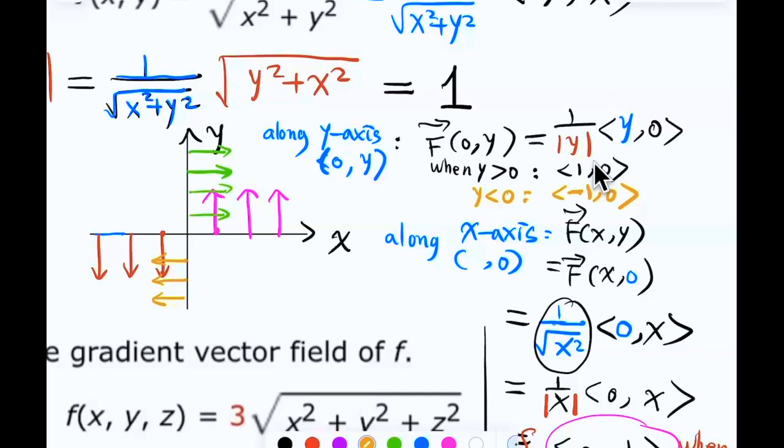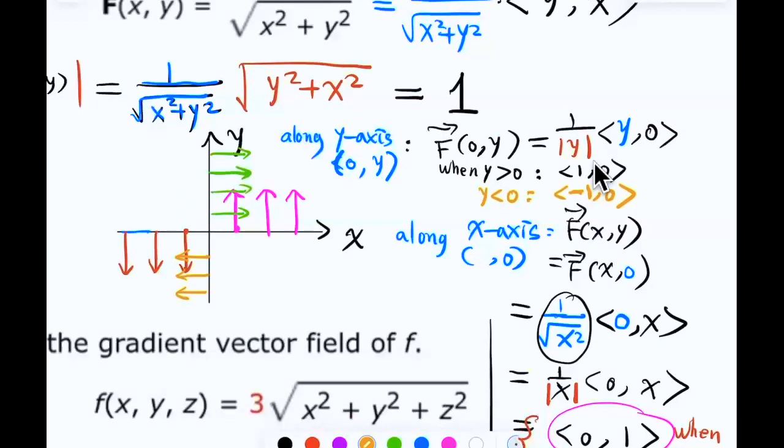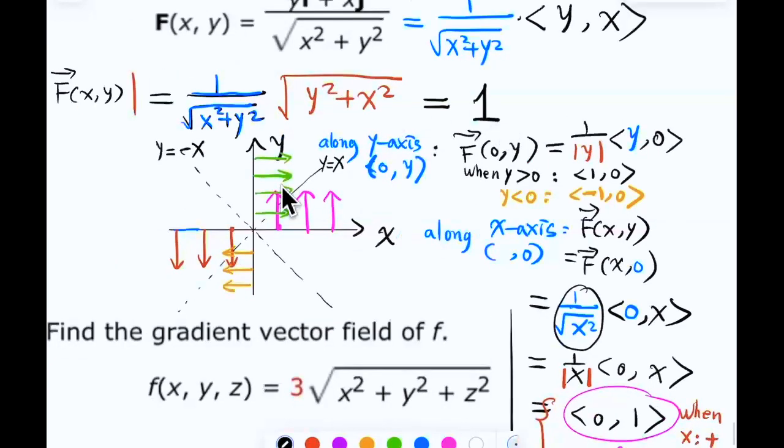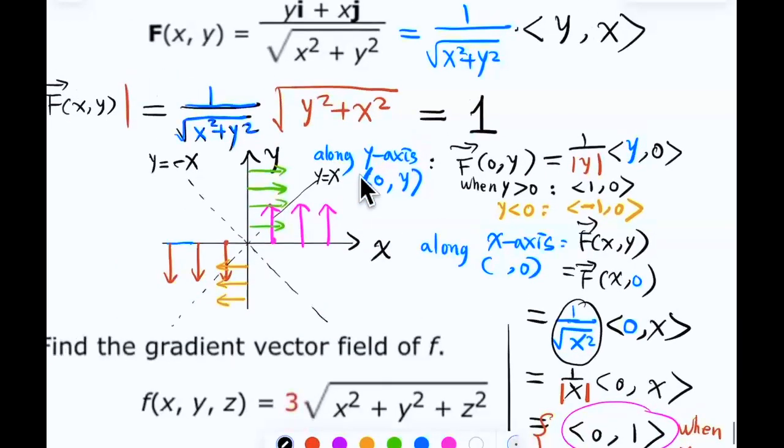Okay. And then you can also try to do along this line here, y equal to x, and along y equal to negative x. You can plug in the values over here, calculating. Then you see that, what happens when y equal to x? Can you tell me? In the first quadrant, what do you get?